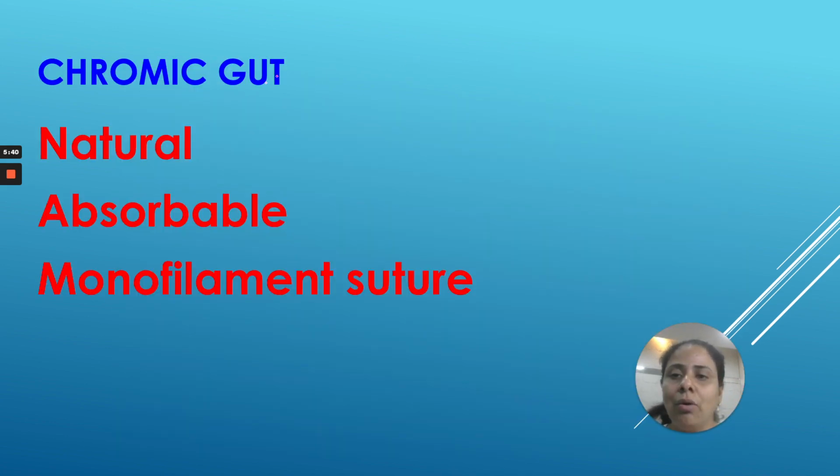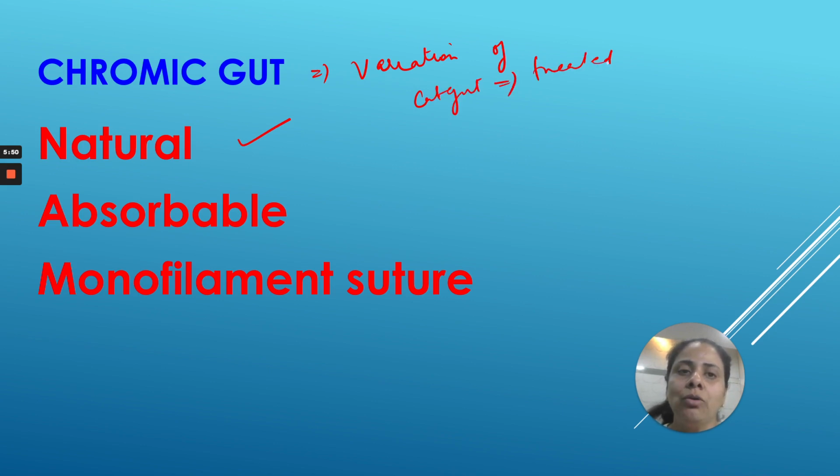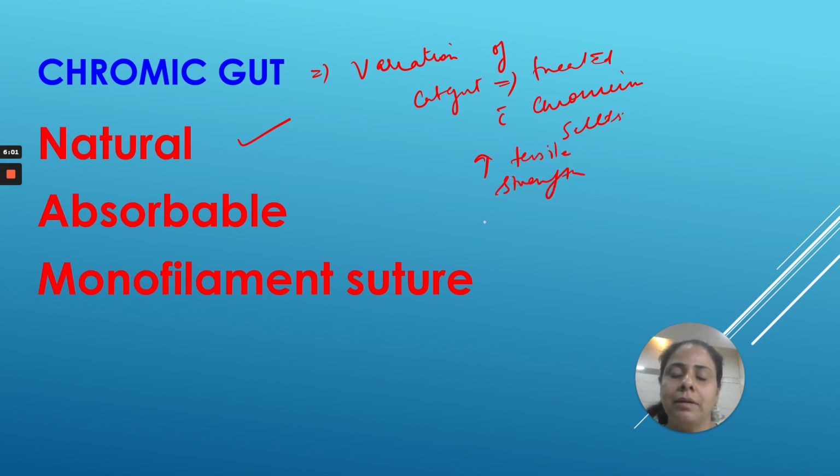Next is the chromic gut. It is a variation of catgut, treated with chromium salts to increase the tensile strength and decrease the resorption.